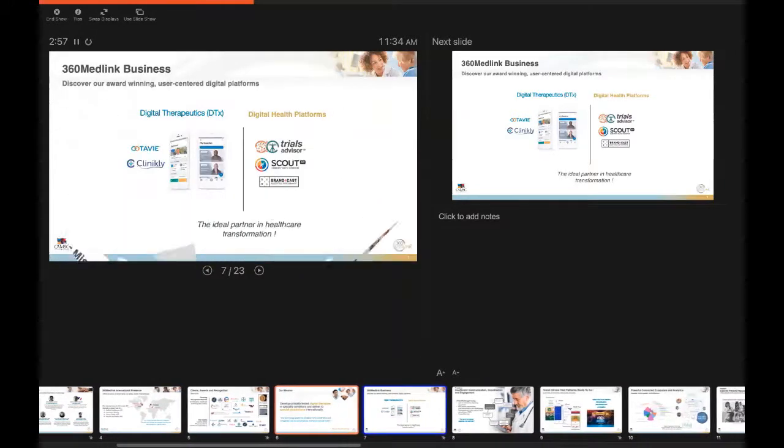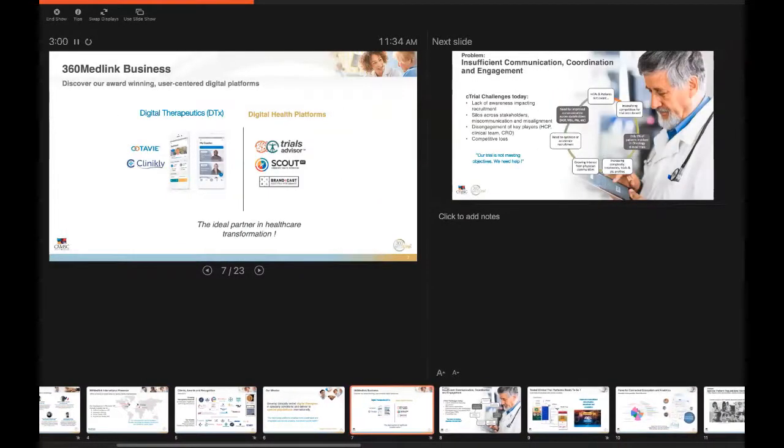We have two verticals in the company: one where we started, with different platforms targeting primarily clinical trials, and the other is digital therapeutics, as it's more and more being called nowadays, platforms that are a treatment companion for patients.